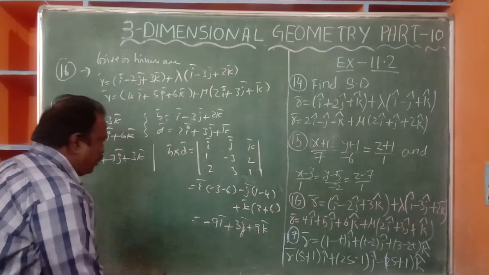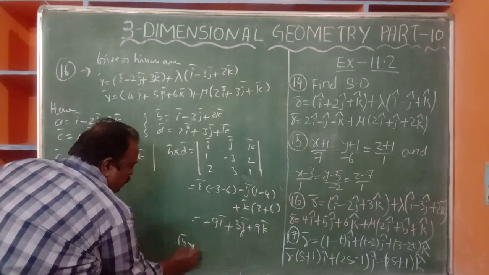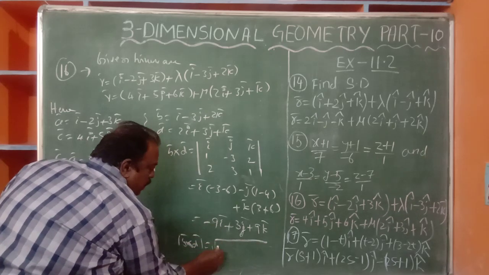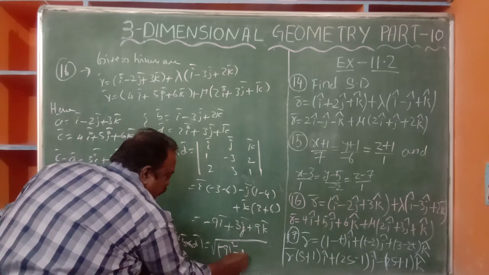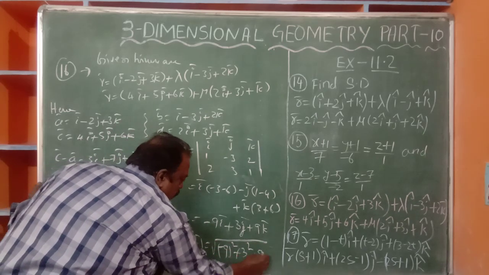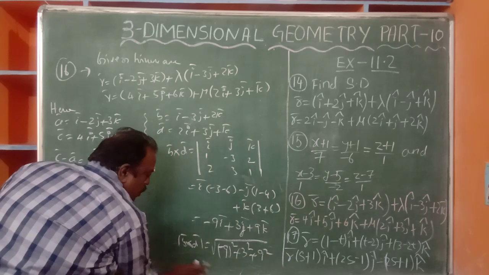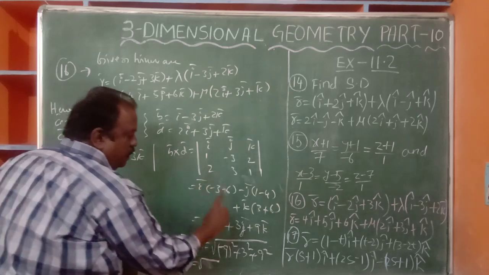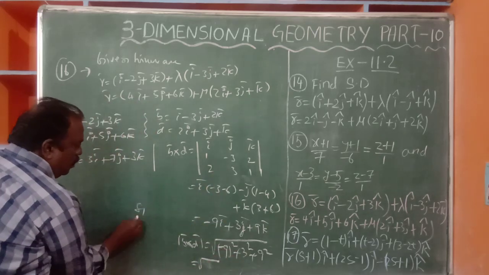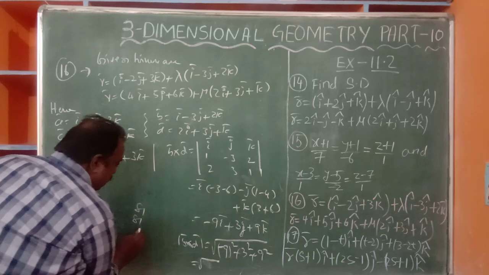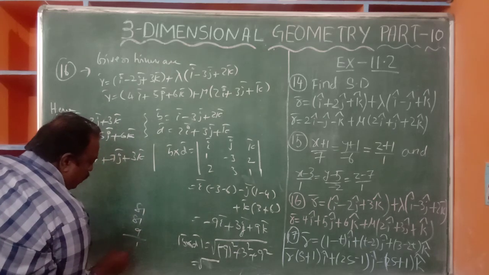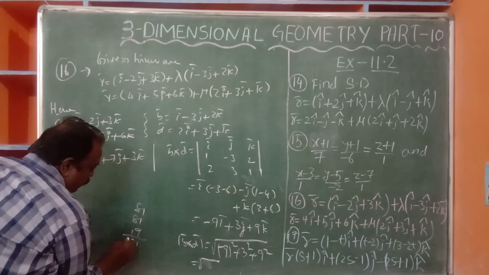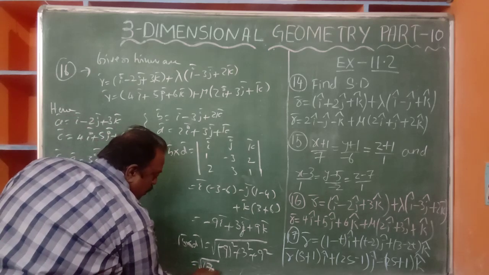Now modulus of b bar cross d bar is the root of minus 9 square, 3 square, 9 square. Again it is 81 plus 81 plus 9, that is 171.